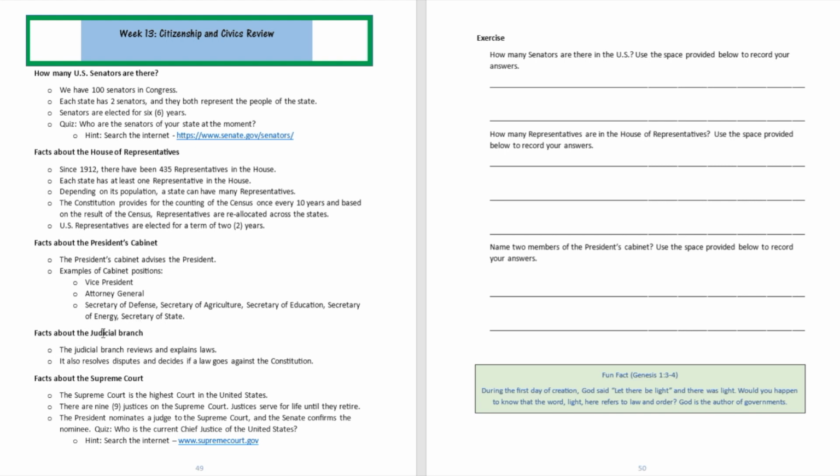Alright, a couple of facts about the judicial branch of government right now. The judicial branch of government reviews and explains laws. It also resolves disputes and decides if a law goes against the Constitution.